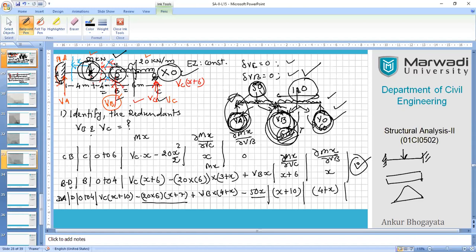However, we have total number of moments. Support moments are two only, one at B and one at A, and span moments are another two moments that we can expect over here. Significant moments I'm talking about. And the third moment at the support will be 0 because it is the last support, and it is also not fixed. It is simple support. So there is no question of moment at all.